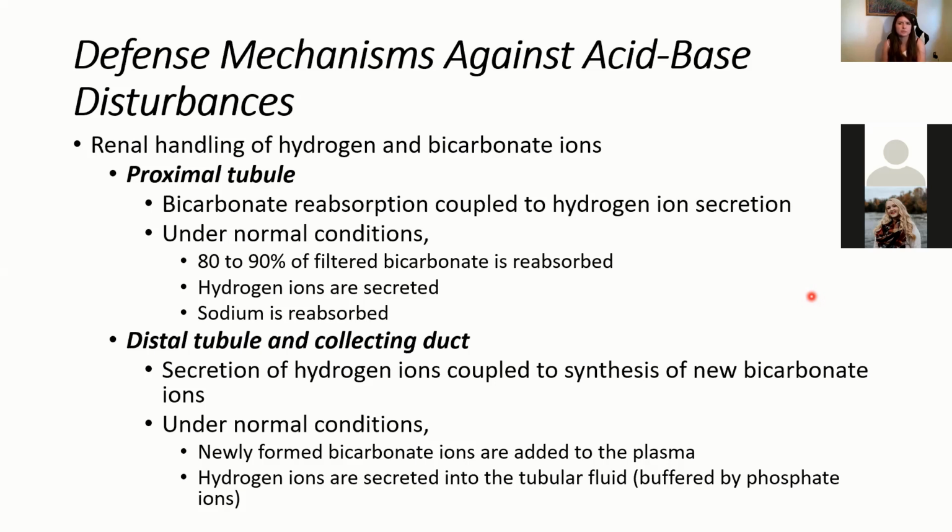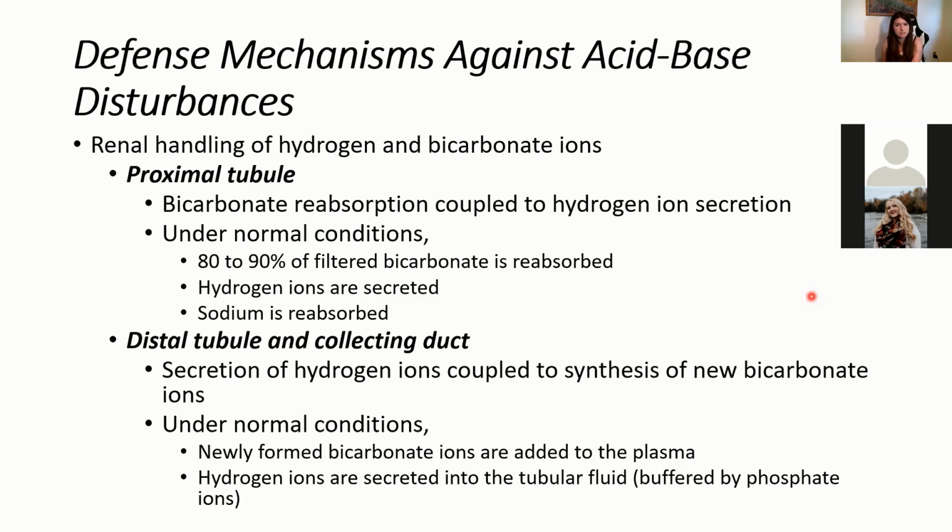So as we reabsorb bicarbonate, we are also getting rid of hydrogen ions. So this is also going to be dependent on sodium. So we've talked before about how sodium really drives a lot of the reabsorption in our cells, because it was kind of driving reabsorption of water. We'll see that it's also linked into our system for reabsorbing bicarbonate and secreting hydrogen.